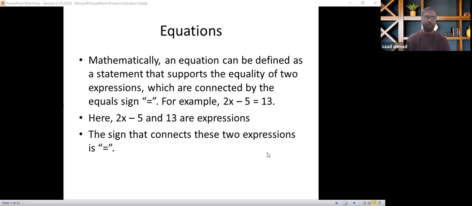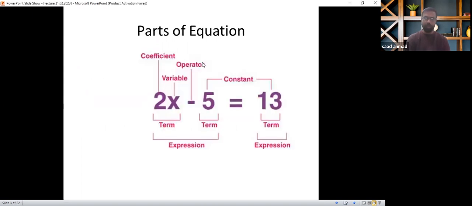So let's say these are the parts of an equation. For example, I have the equation 2x minus 5 equals 13, as you could see. Now here this whole thing is a term, this whole thing is a term, and this one also is a term.